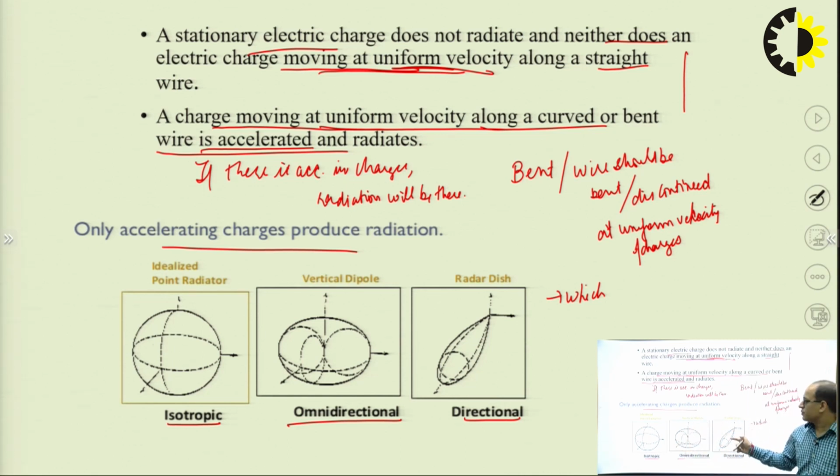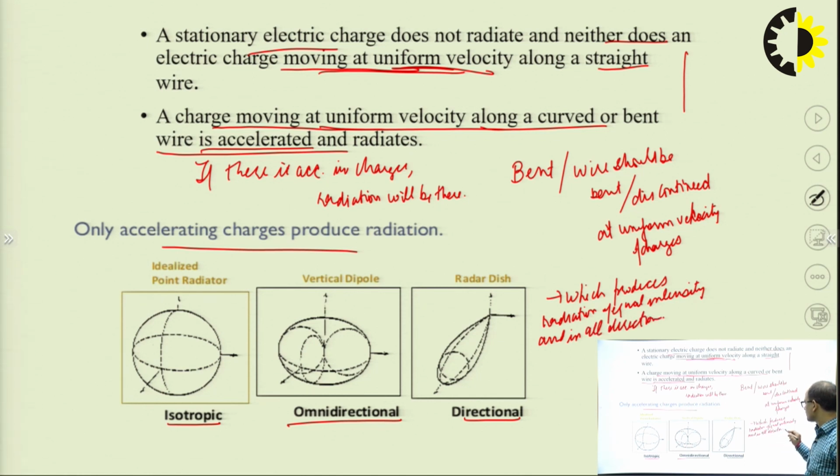An isotropic antenna produces radiation of equal intensity in all directions. This type of antenna is known as the isotropic antenna.